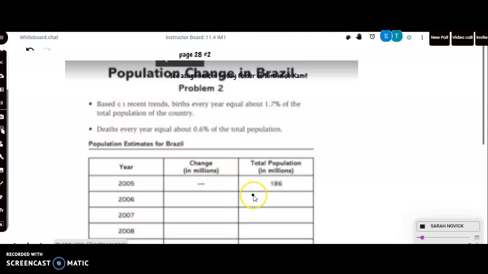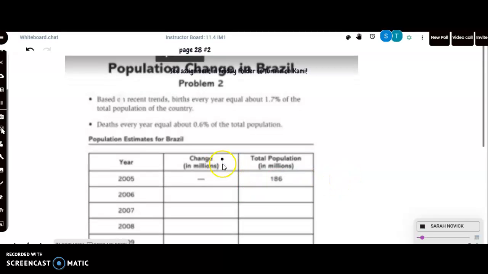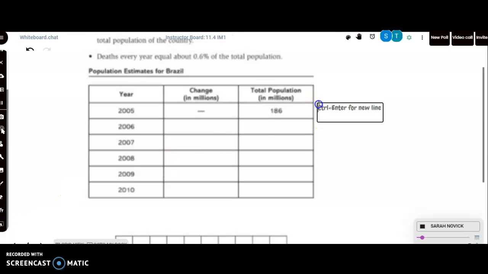We discovered that the formula we used here was 186 times 0.017 minus 186 times 0.006, which was equal to 186 times 0.011, which we got was 2.046. That's the math we did, and that's what we're going to do.